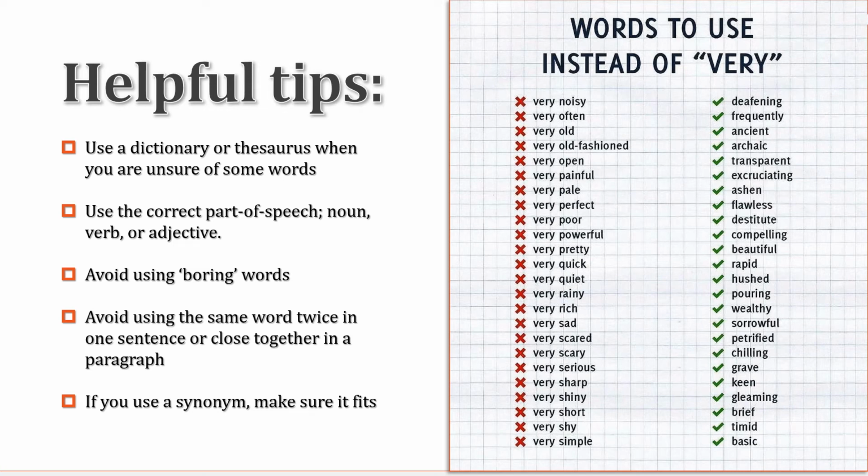Avoid using the same word twice in one sentence or close together in a paragraph. And remember that although a word might have more than one synonym, it does not mean you can just choose any one you like. Make sure it fits in your sentence and what you are trying to say.